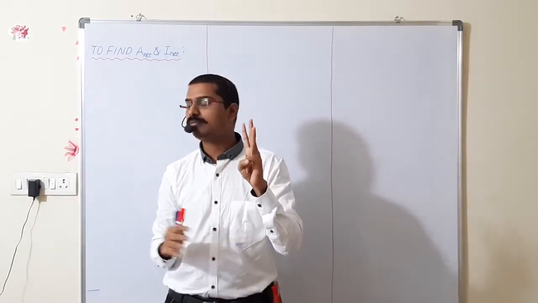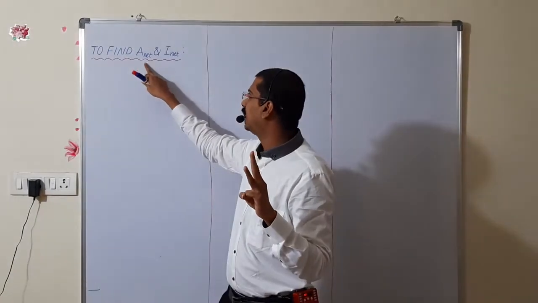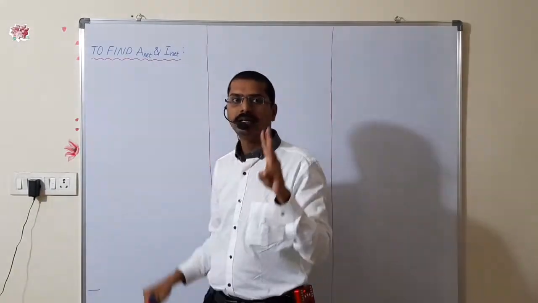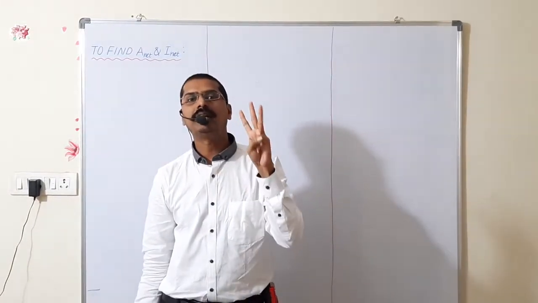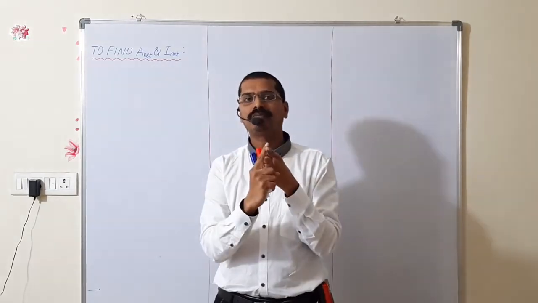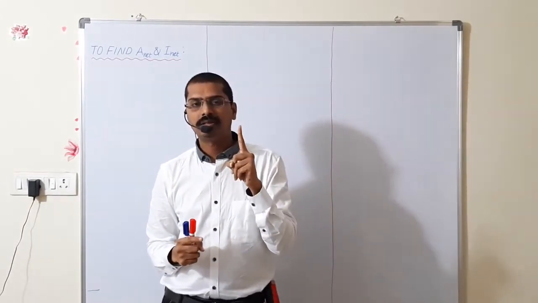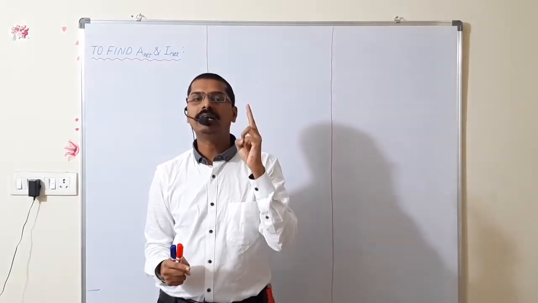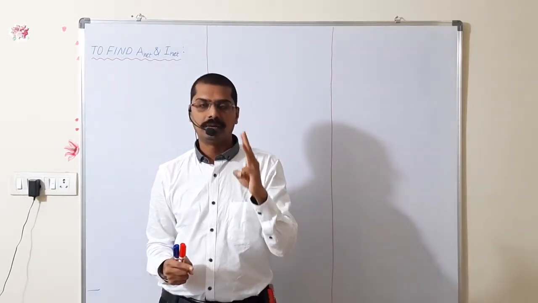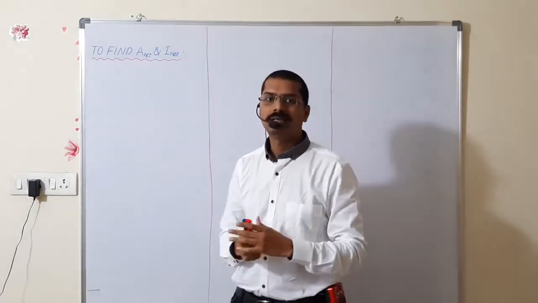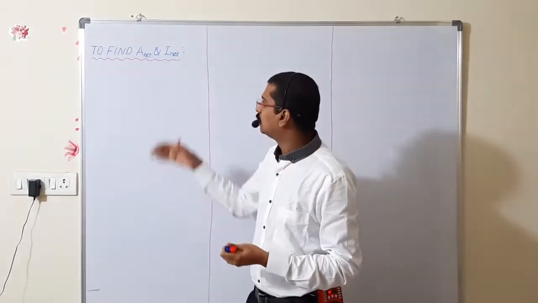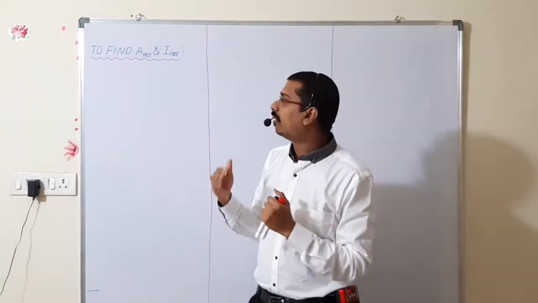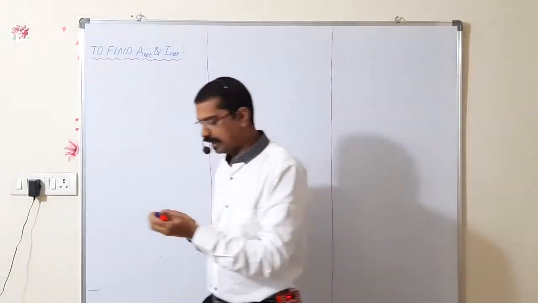If you want to find I net or A net, you will get three types of questions: first path difference, second phase difference, third two identical interfering waves. Based on these, we will solve some sums, and then you will get clarity to find I net and A net.